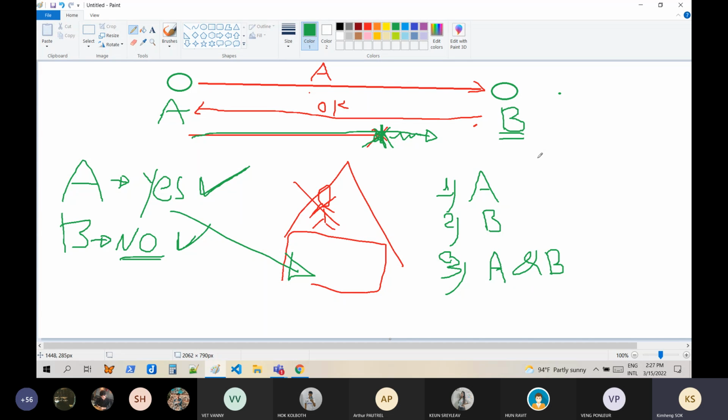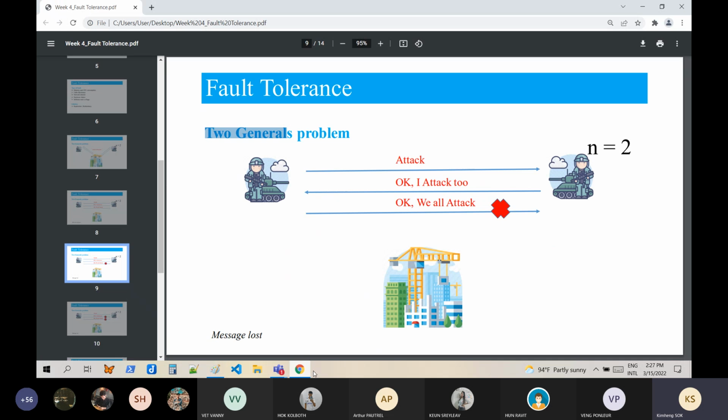And then tomorrow happen, B didn't receive the message, so B will not do anything and then A will go alone and A will be killed. So the idea of the two general problem mean if all the general, for example like 2 general, 3 general, 4 general, if they agree the same, if they make the same decision, they will win the city. If they are not make the same decision, some of them will be killed.